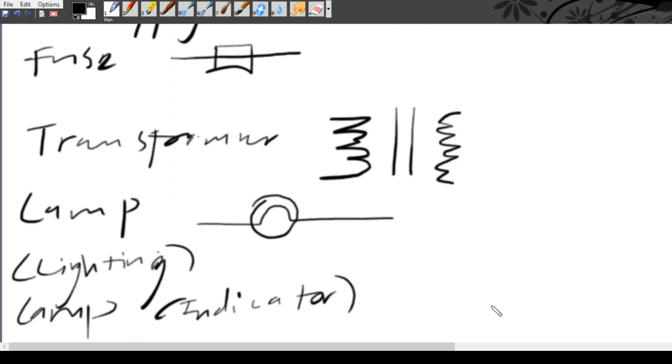So the symbol of this is in this form. Also the function of this is to convert electric energy to light. Let us look at the symbol of a heater.